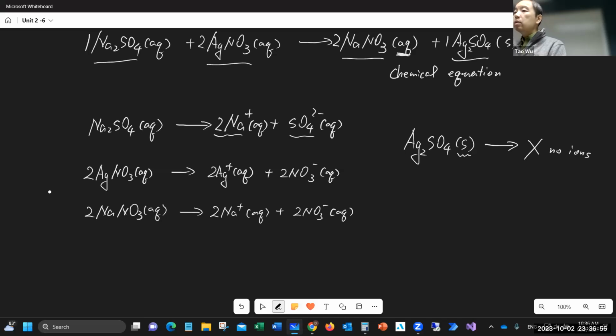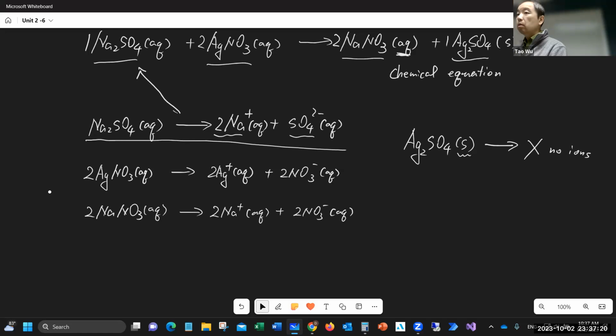Based on this concept, scientists just replace the compounds with those ions. They can replace the sodium sulfate with this, the silver nitrate with this, the sodium nitrate with this.